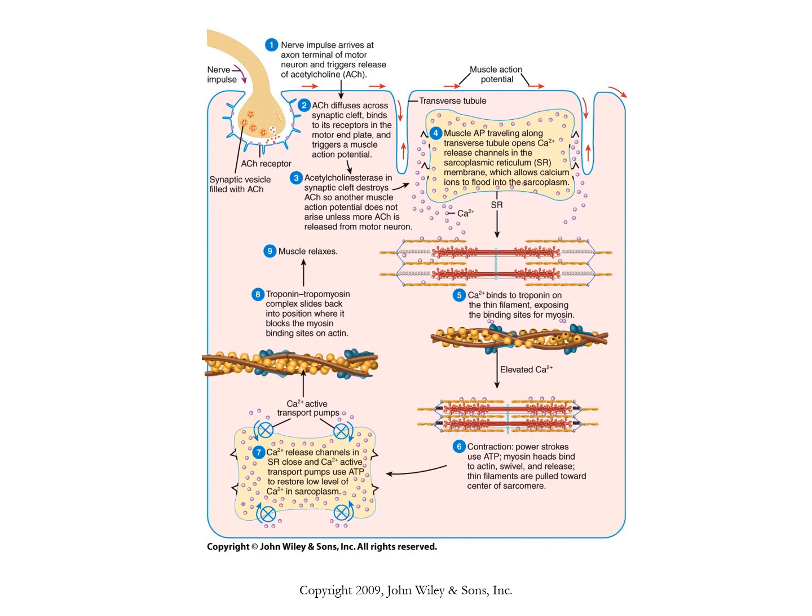Number 3, no influx of sodium into the sarcolemma, leading to muscle action potentials. Number 4, calcium must be stored within the sarcoplasmic reticulum. That requires ATP. Number 5, ATP must also be available to cause myosin detachment from the actin. All of these are required for muscle relaxation.